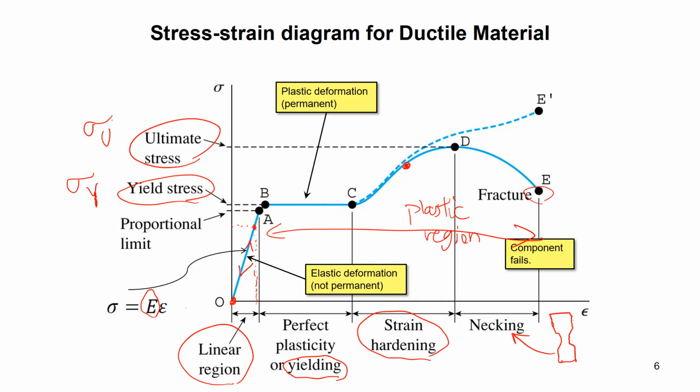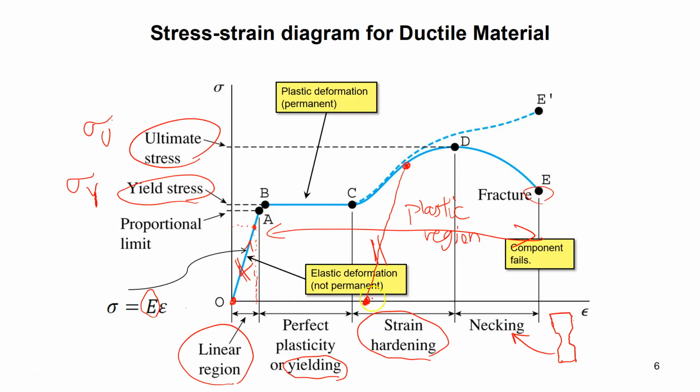The answer is no. I will go back to 0 force or 0 stress because, of course, the machine is turned off. But the elongation will not be 0. How do I go back? I go back on a line parallel to OA. So if I draw a line from this point parallel to OA like this, I hit the horizontal axis here.